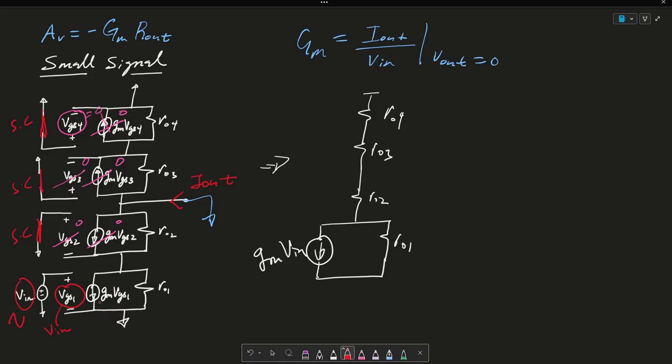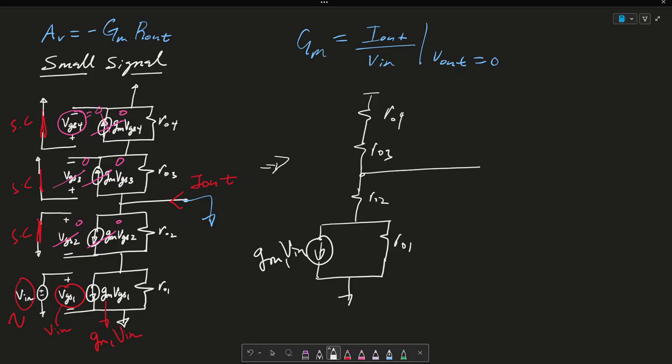So this here is just GM1 VGS1, so let me go ahead and put the 1 there, GM1 Vin, and this is connected to ground.